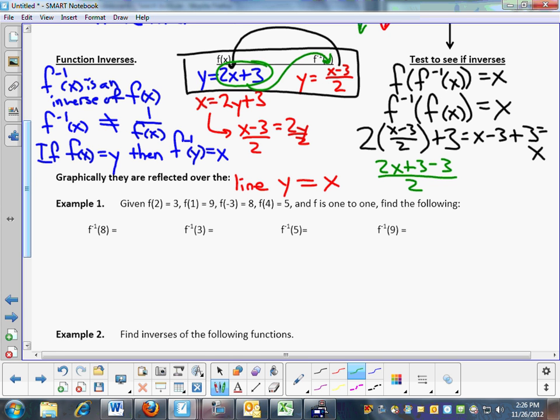Any questions where I came up with that value? Okay, so if you simplify this, 3 minus 3 is 0. So I get 2x over 2, which is x. So you can see in both situations I arrive at x. So because I've tested it for both, we have verified that those are in fact inverses of each other. We've done our work.